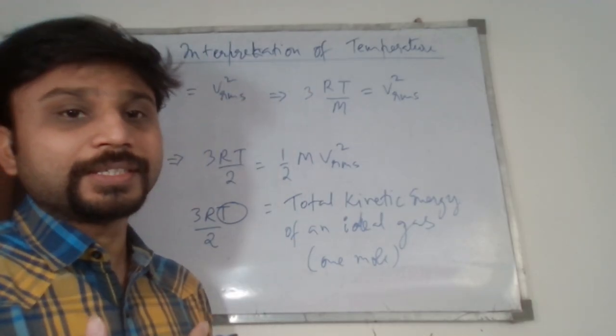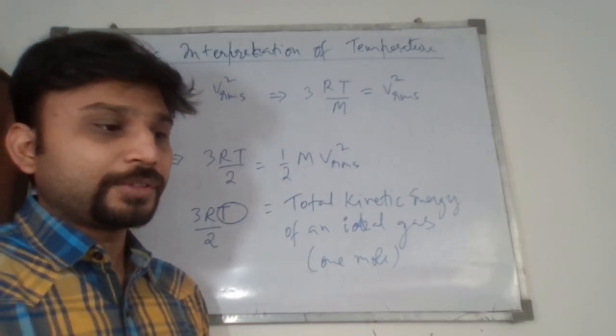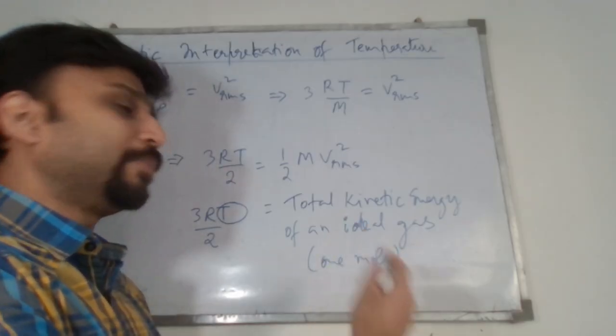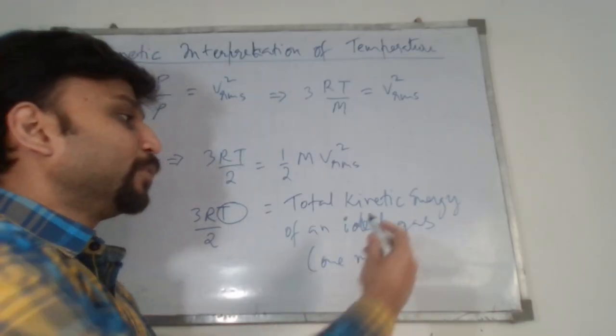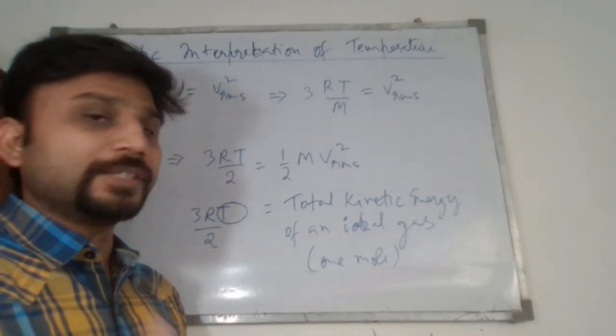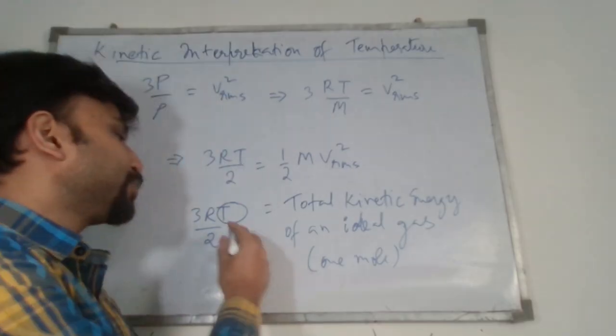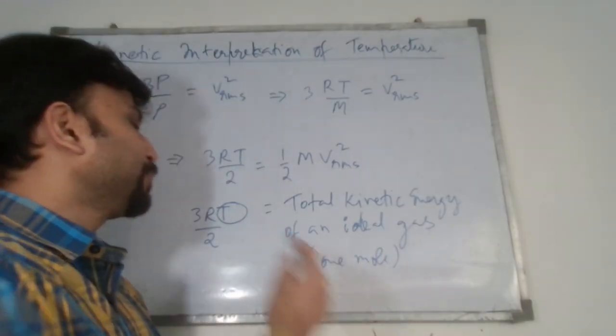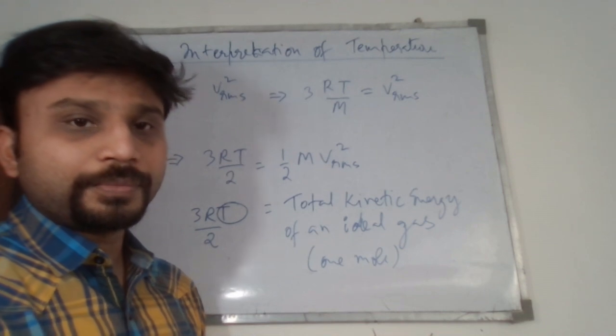It actually gives us information about the molecular motion of the particles. If the molecular motion is very vigorous, with high speed, the temperature will be high. If the speed of the particles is relatively less, then the temperature would be low.